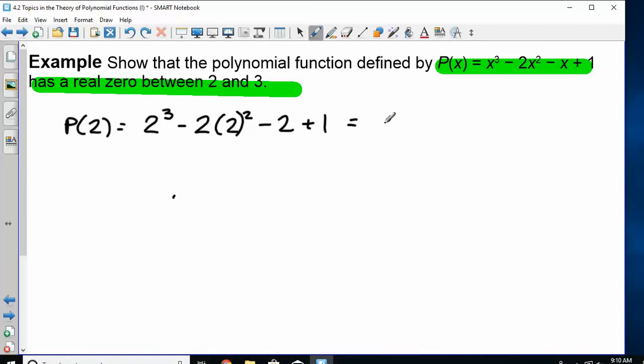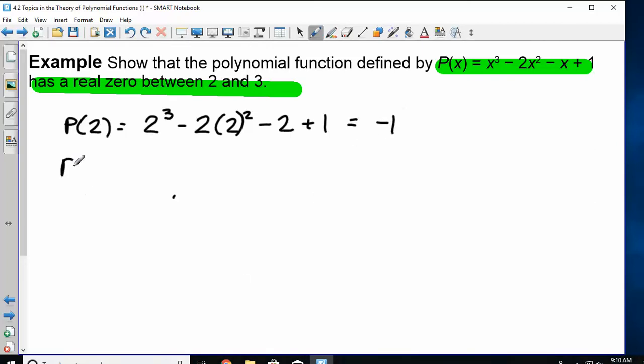Okay, work that out, and what does that give? What do you get? -1.